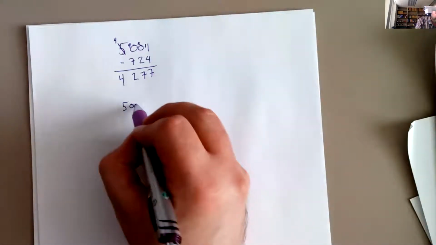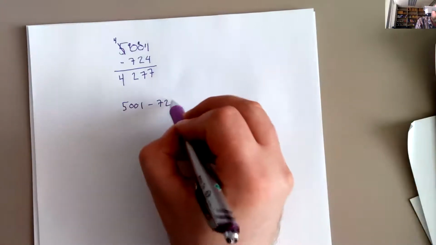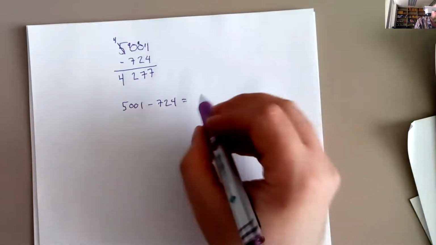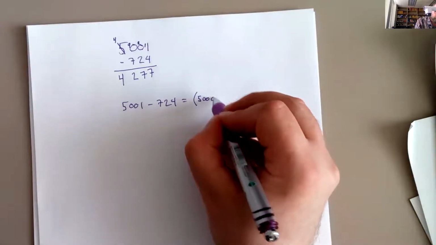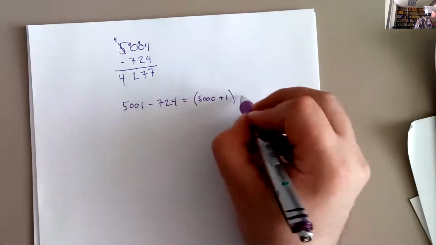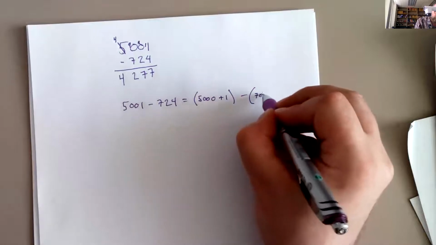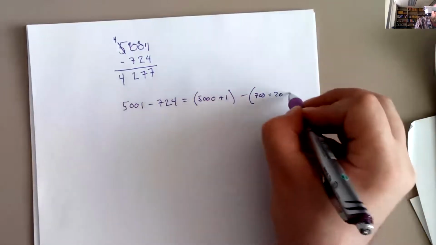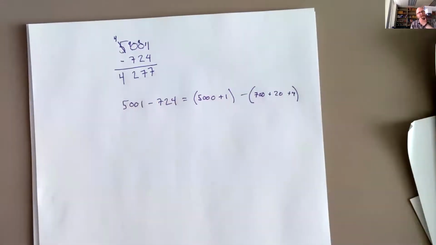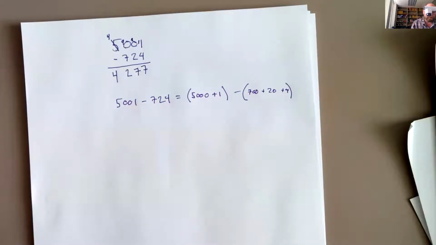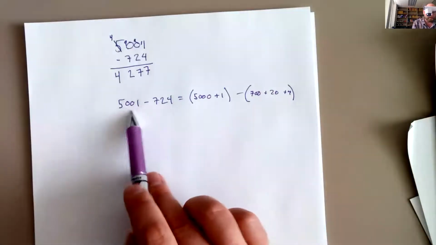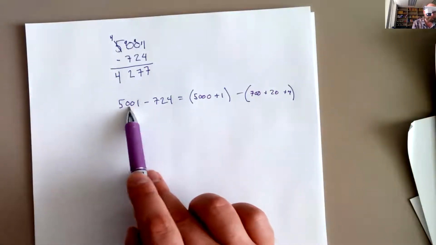All right, so what's going on here? Well, as usual, let's say 5001 minus 724 is 5000 plus 1 minus 700 plus 20 plus 4. And we want to do the usual rearranging, but we don't have any hundreds or tens digits.